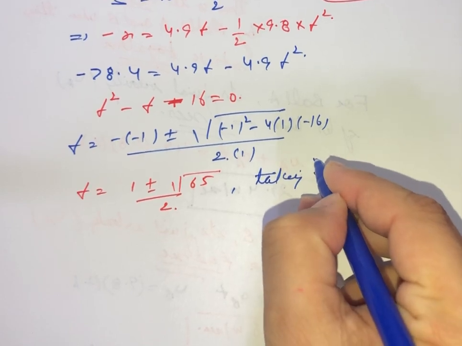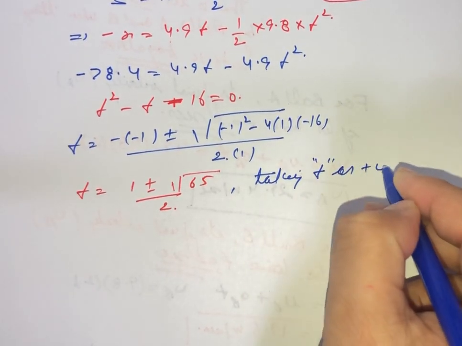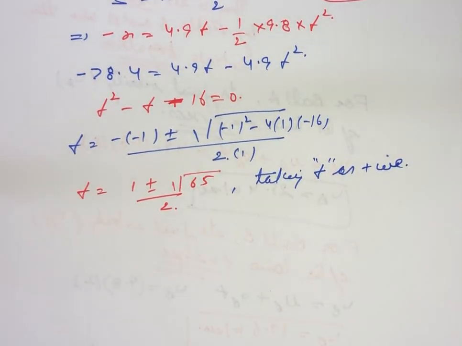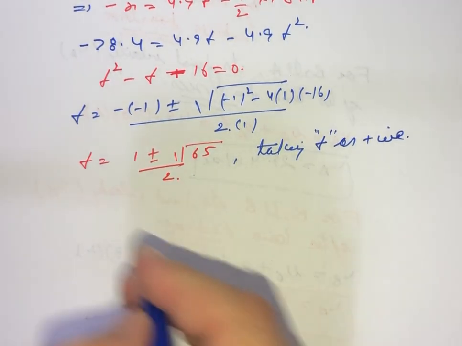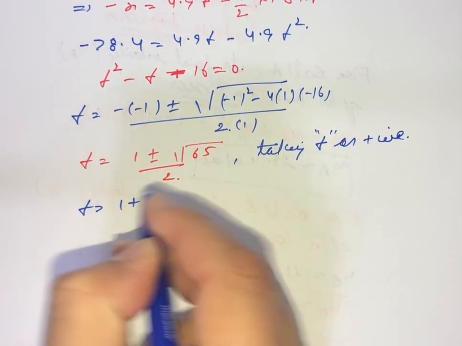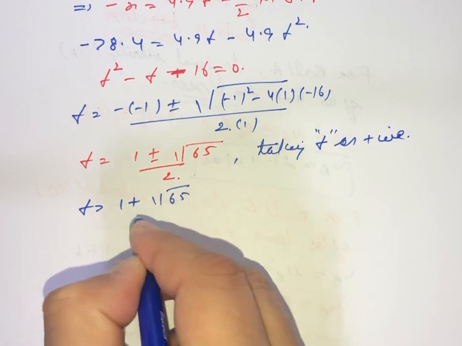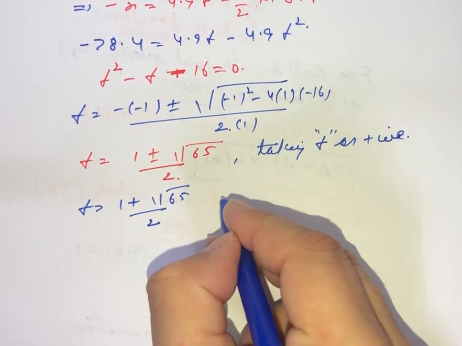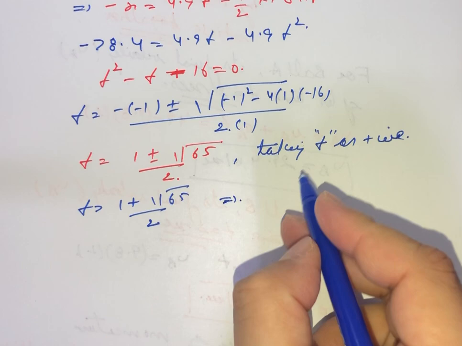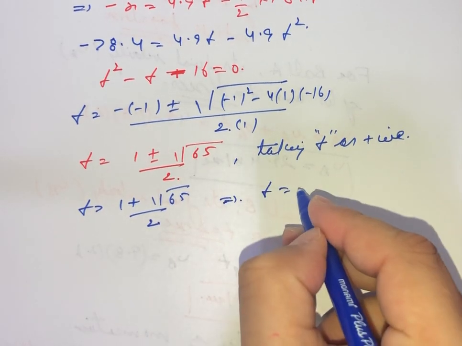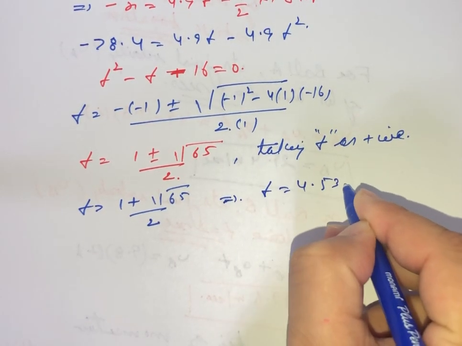Taking t as positive, we are going to get t is equal to 1 plus square root of 65 divided by 2, and this will be coming as approximately t is equal to 4.53 seconds.